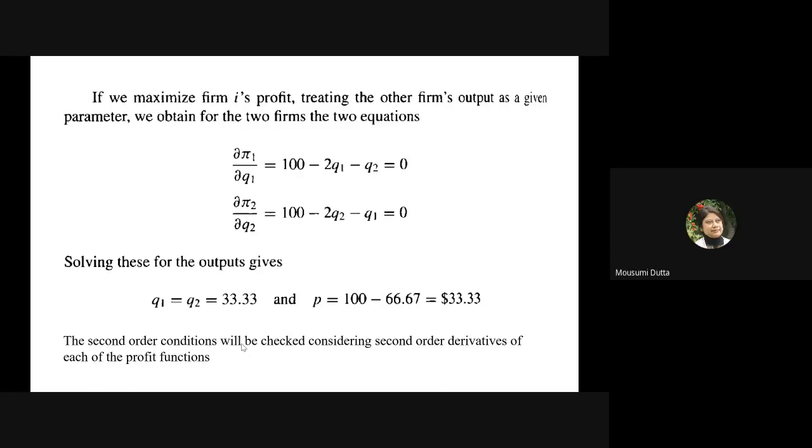If we maximize firm i's profit, treating the other firm's output as a given parameter, we obtain, for two firms, the two equations. I have P into Q i, that means PQ1 and PQ2.